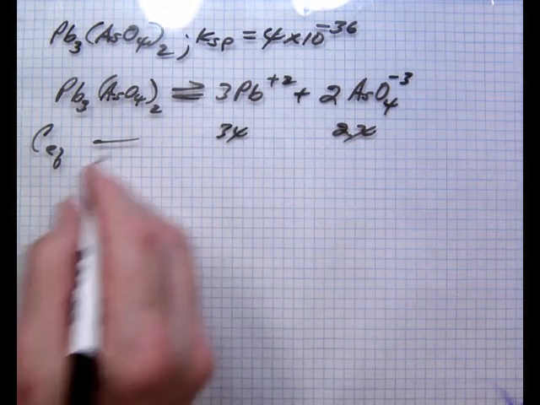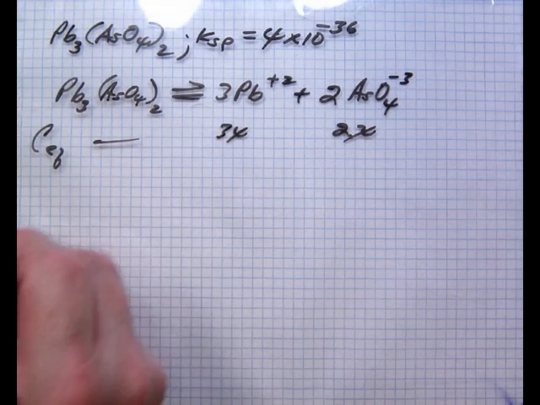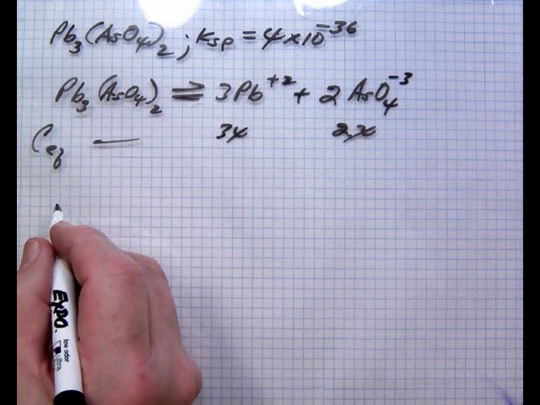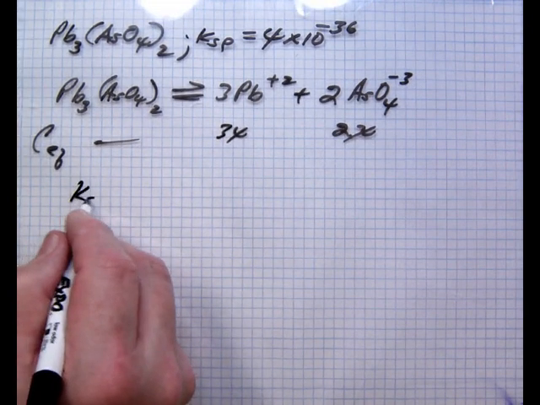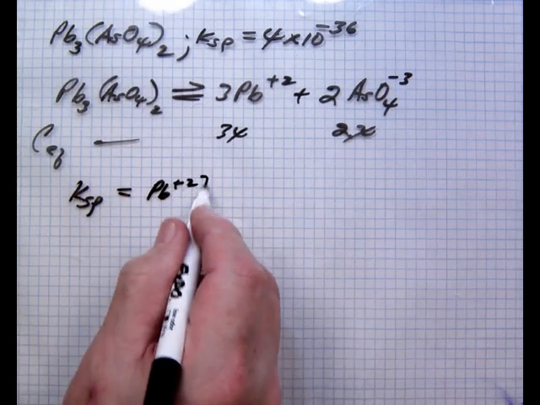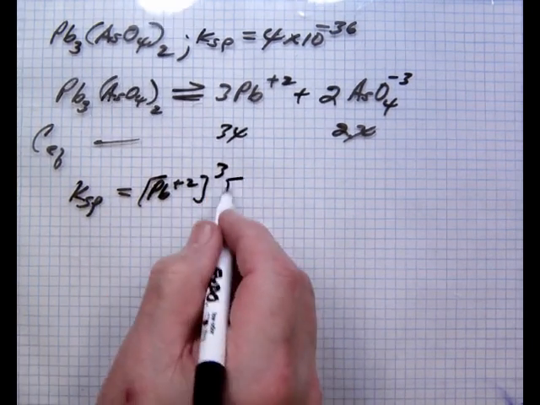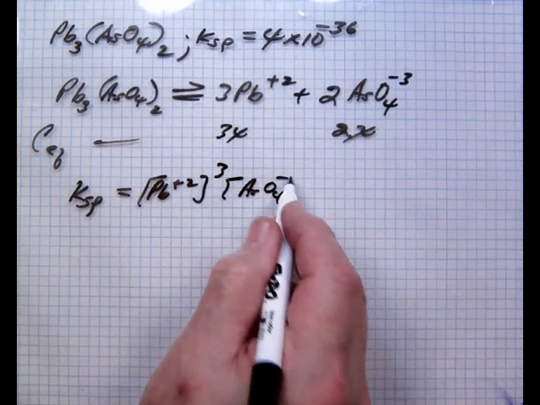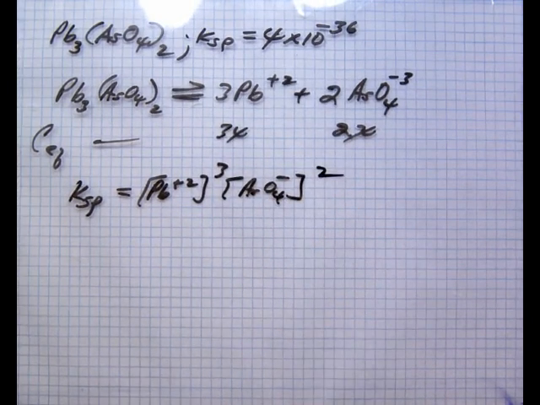So we'll substitute these variables into the Ksp expression, which is lead 2 plus cubed times arsenate squared.